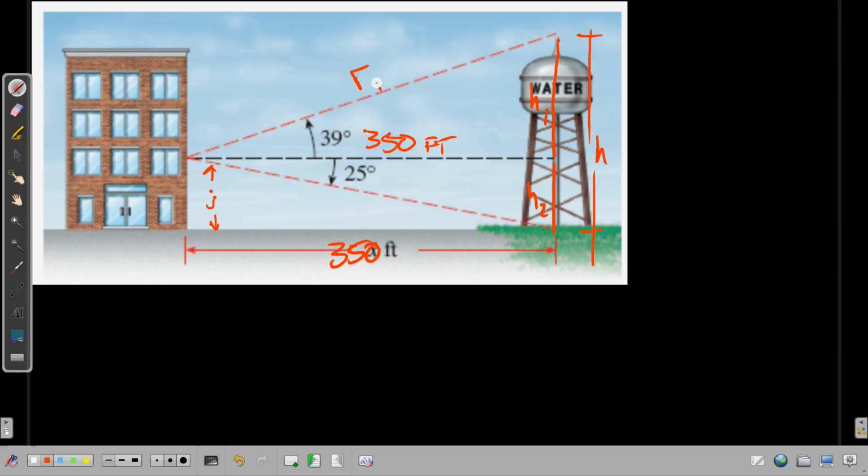Correspondingly, I need to call this R1 and this R2, the lengths of the radii.